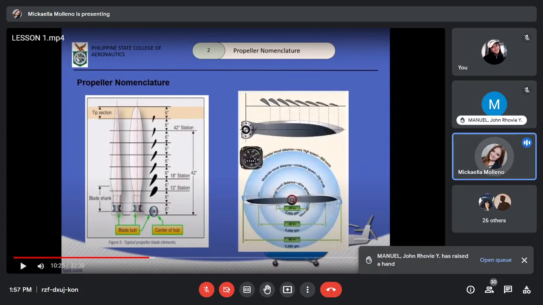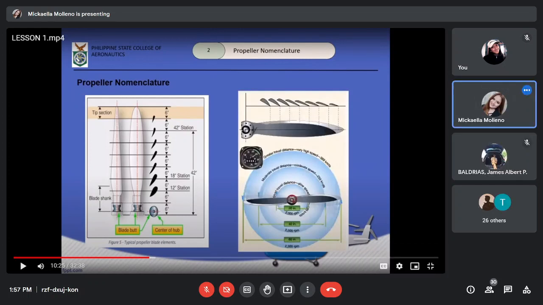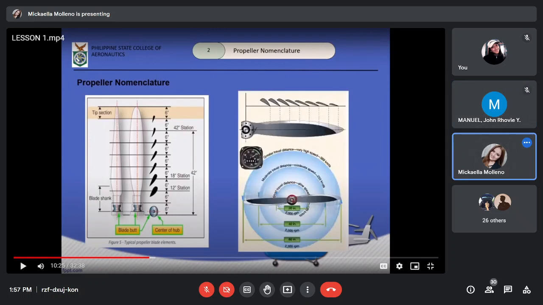Okay, I see a hand. Manuel? Kasi magkakaiba po yung speed nung part ng propeller depende po sa radius, sa length niya po from the center. Okay, very good. So, technically, hindi kasi pare-pareho ng distance na tinatravel yung sections natin, stations natin.